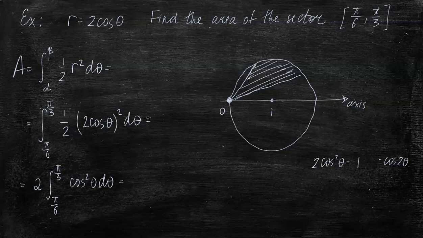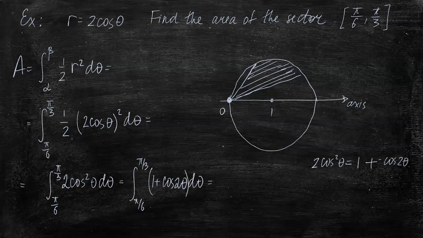And if we add 1 to both sides, we get this identity. And if we take the 2 back inside of the integral, we can replace this integrand with 1 plus cosine of 2 theta d theta.